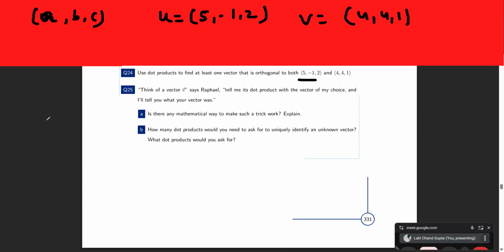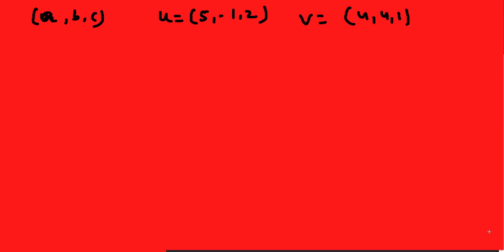So according to the condition, let's suppose this is vector W. According to the question, W is perpendicular, orthogonal to U, right? It means W dot U is 0 for perpendicular.